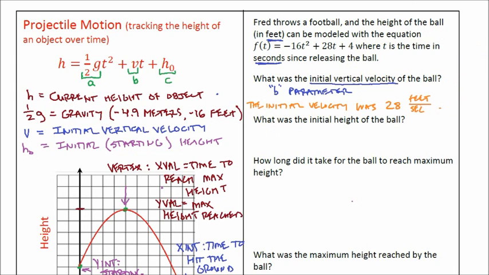Second question, what was the initial height of the ball? Well, initial height is our starting height. That's h sub 0. That is the number 4. So this is going to be the c parameter, which in this case is 4.